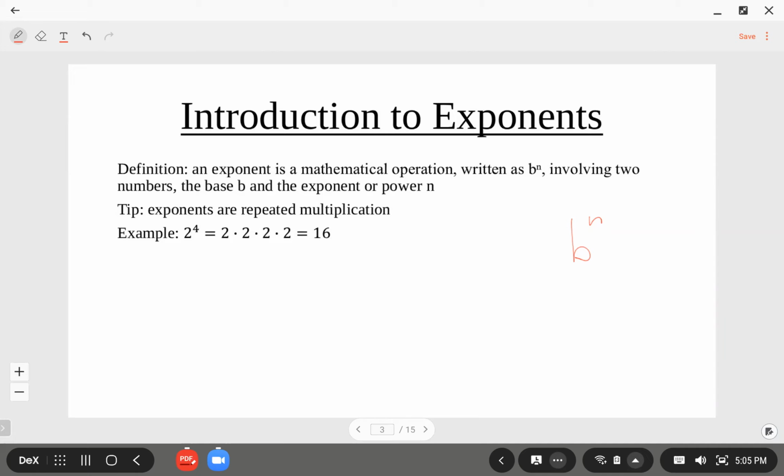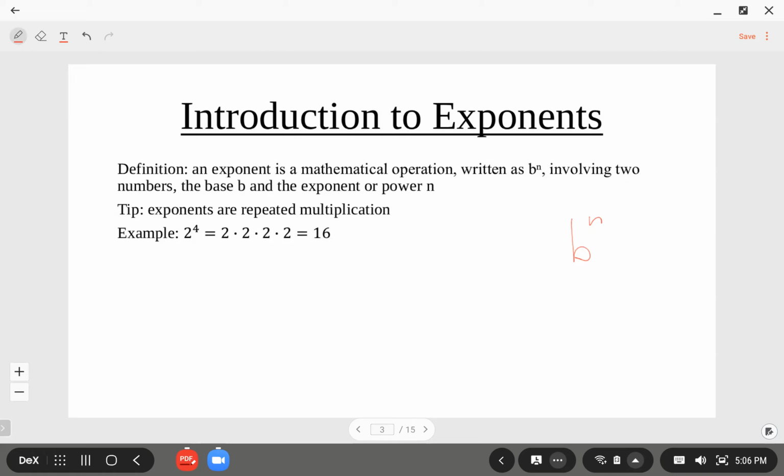So n is the exponent here, pay attention to n, as well as the base. And paying attention to the base is very important. So remember what the base is. That's important. It's supposed to be b.